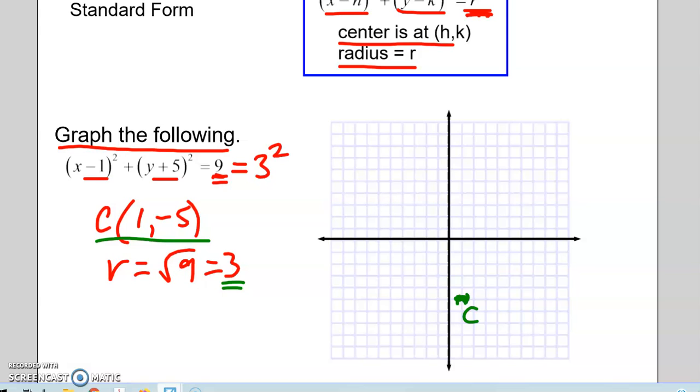So we're going to go 3 up from the center, is right there. We're going to go 3 down, and I'm going to go 3 to the right, and then 3 to the left, and that's it. And then just do your best at graphing a circle through those points here. And that's it. That's our graph for the circle.